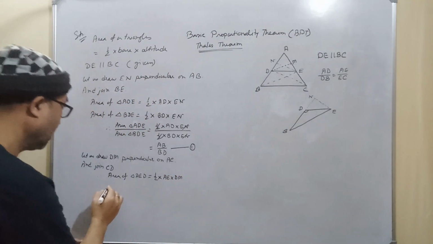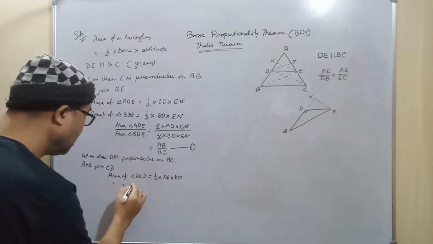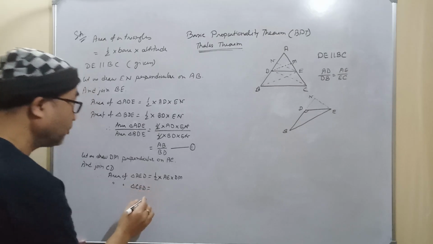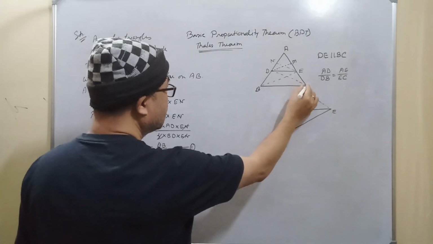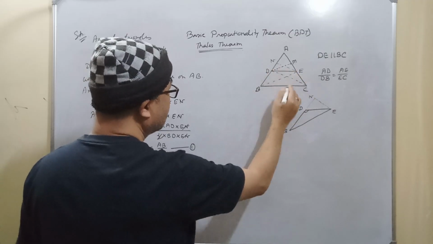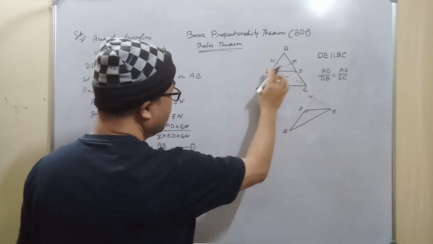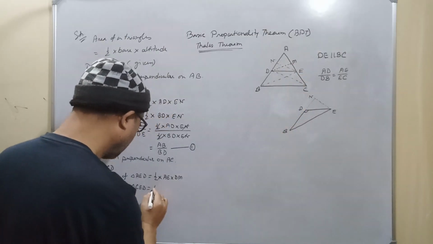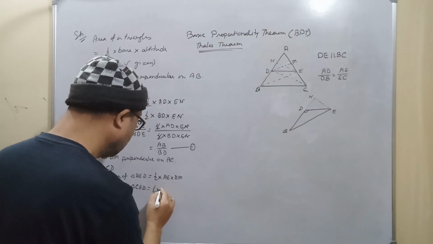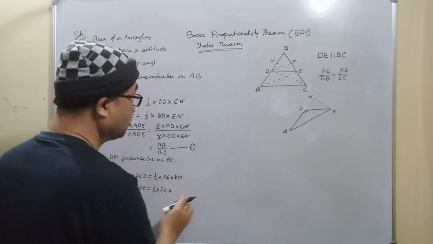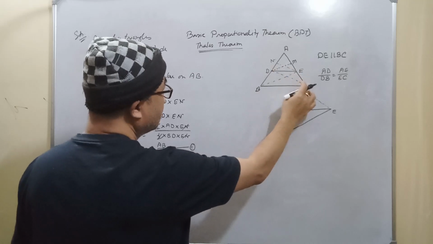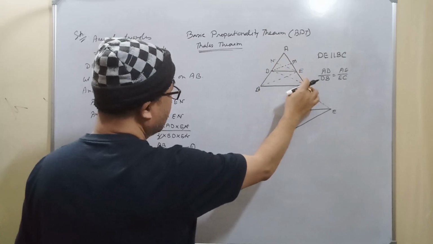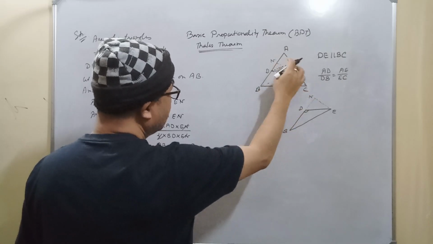Right? And area of CED, this triangle. Again, this is similar to BDE. Base is EC, half of base, altitude. What will be the altitude of this triangle? Similar to BDE, whose altitude was EN, this triangle's altitude will be DM.